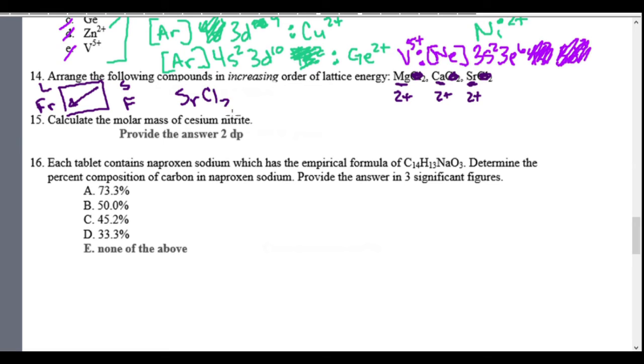So strontium chloride is going to be greater than calcium chloride, and that's going to be greater than magnesium. Yeah, MgCl2. Maybe I'm saying that backwards then. Because magnesium, calcium, strontium. Yeah, so that's going to require the most energy to get together. That's why I kept messing it up.